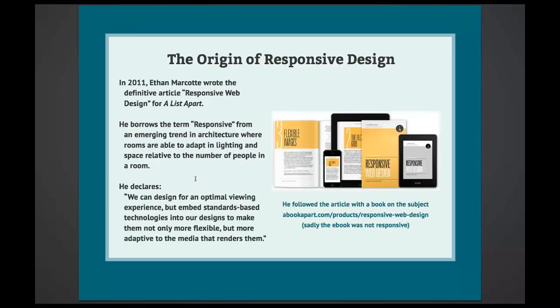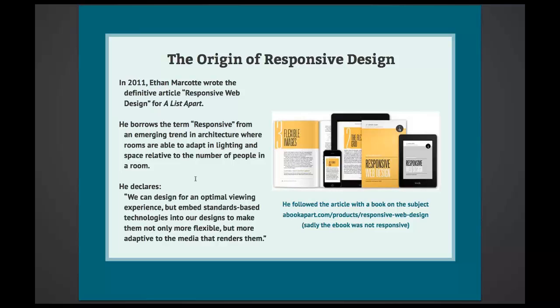Okay, so the trend in responsive web design really started in 2011 with Ethan Marcotti's article, Responsive Web Design. And the term comes from a trend in architecture that is really innovative and has structures and spaces that adjust in their lighting and their size relative to the number of people in the room. So he sort of adopted this mindset for web.